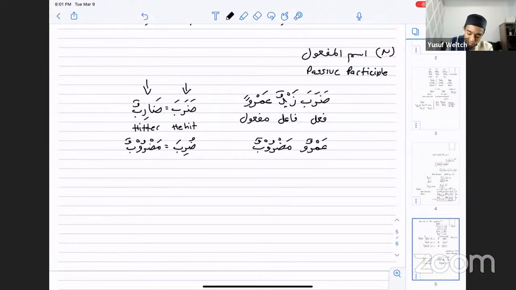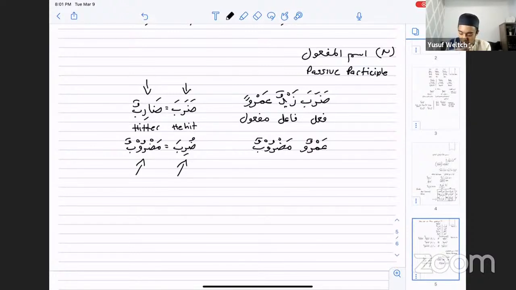Whereas the ism al-maf'ul is a direct representative of the passive, the majhul verb, except that we stripped it of its tense. All right, so you could say Zaydun duriba, or you can say Zaydun madrubun, same thing. Zaydun daraba or Zaydun daribun. They both mean the same thing, but contextually, there's a slight difference between a verbal sentence and a nominal sentence.